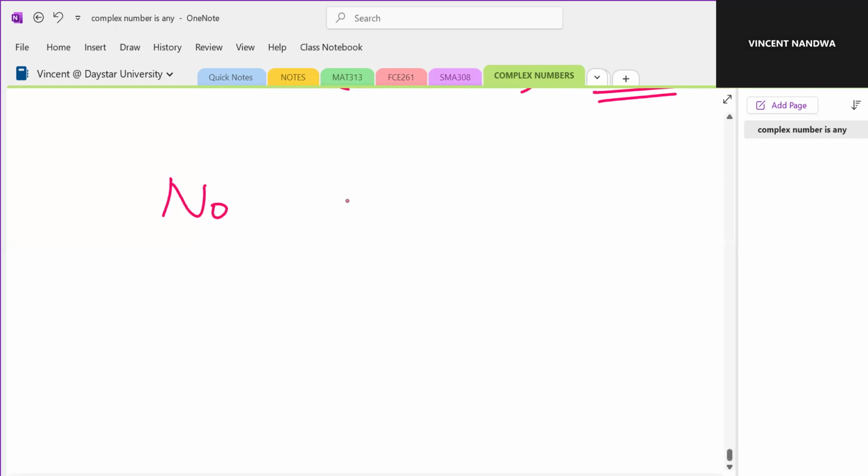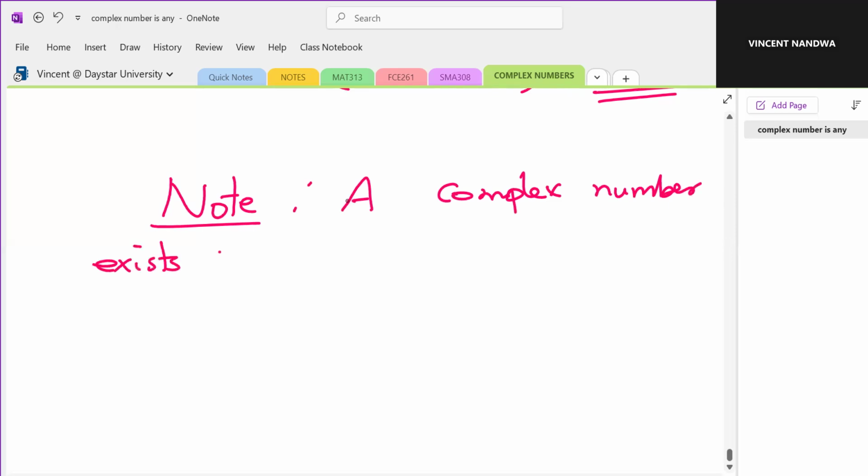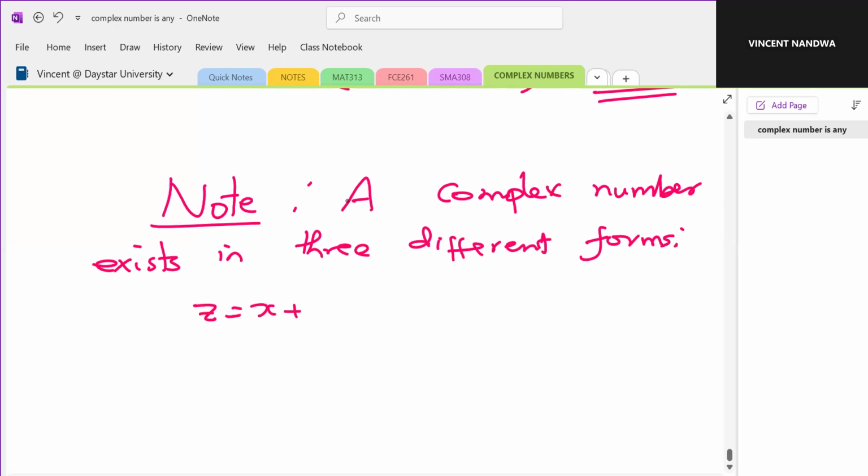So note that a complex number exists in three different forms. So when we write z equals to x plus yi, the usual definition of a complex number, then usually this is described as the Cartesian form or the rectangular form.